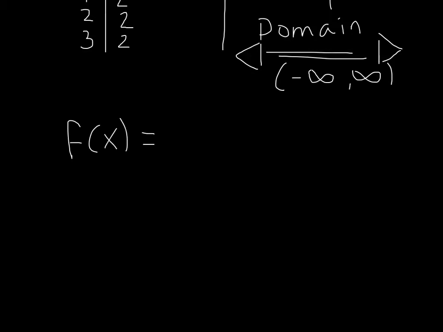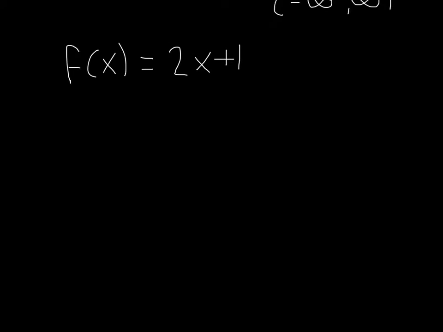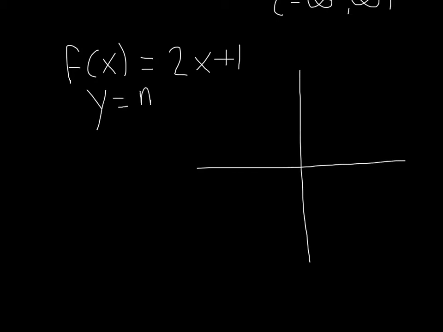So f of x is equal to, let's just do 2x plus 1. And that's a nice linear graph that looks like this. Now remember, this is y equals mx plus b, where b is the y-intercept.